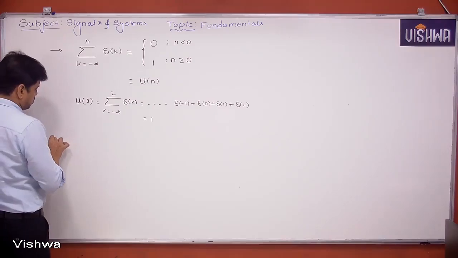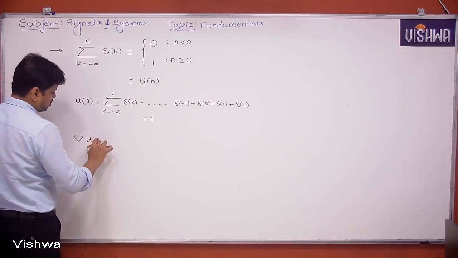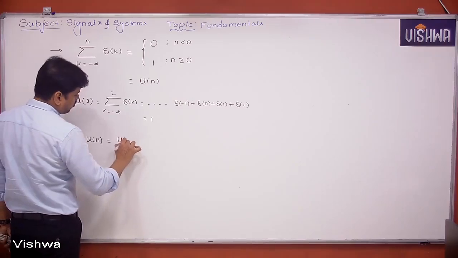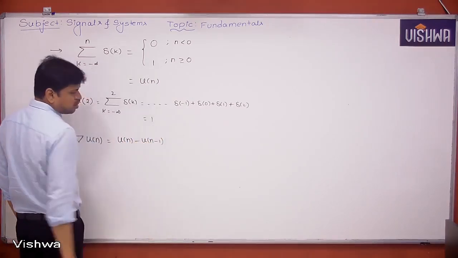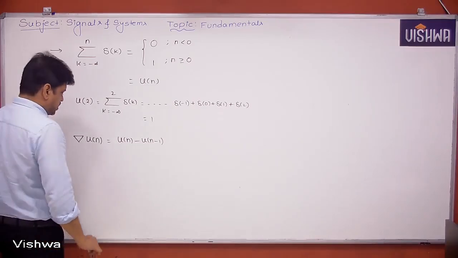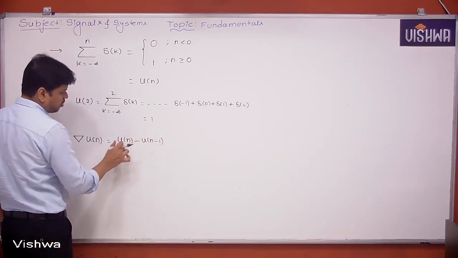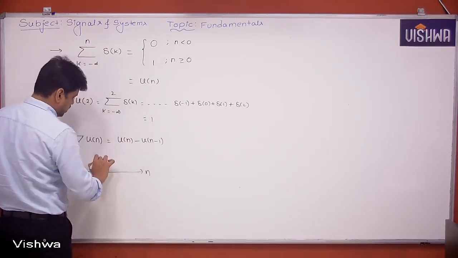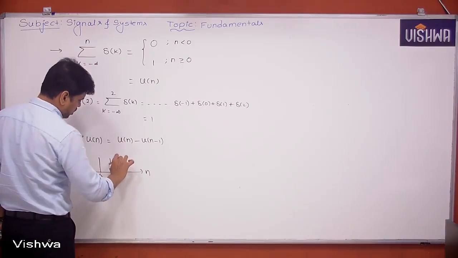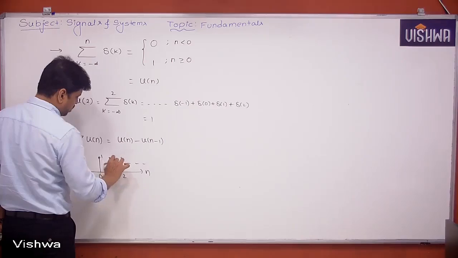Next, if I take the difference equation of u of n, that means u of n minus u of n minus 1, what will happen? Let's see. First, we have to subtract u of n minus 1 from u of n. First, let's see u of n. What does it look like? Its value is 1 from 0 onwards: 1, 1, 1.